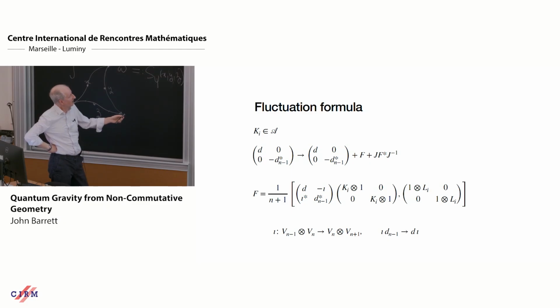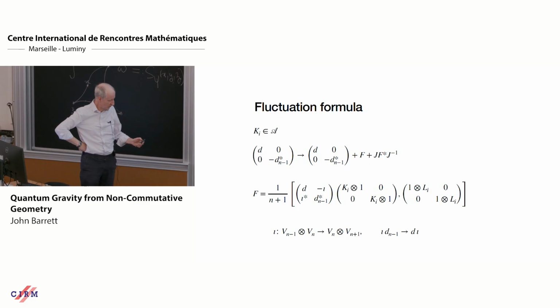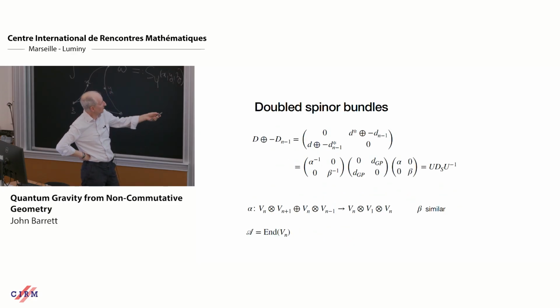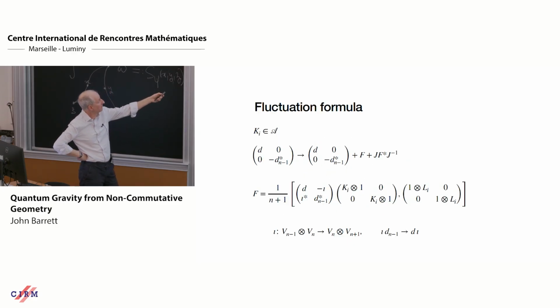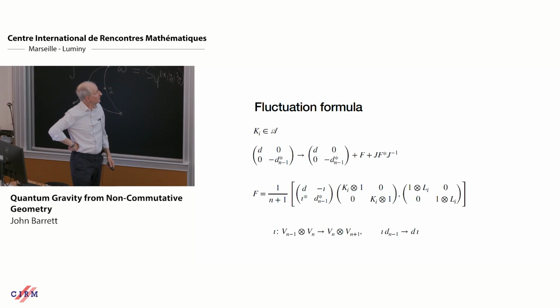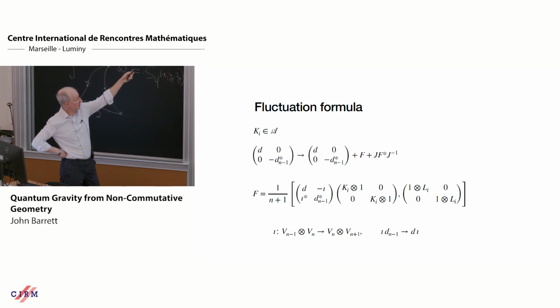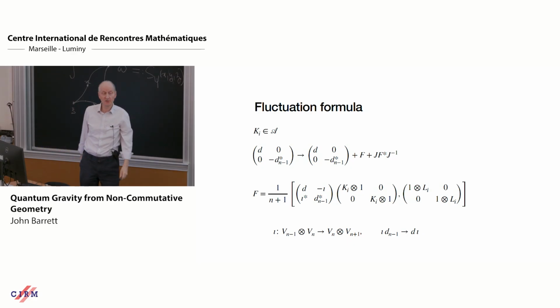If I have a set of matrices in my algebra here, which is the algebra of the endomorphisms of Vn, then the fluctuation sends the sphere Dirac operator to itself plus f plus some conjugated piece. And there's your formula for f.